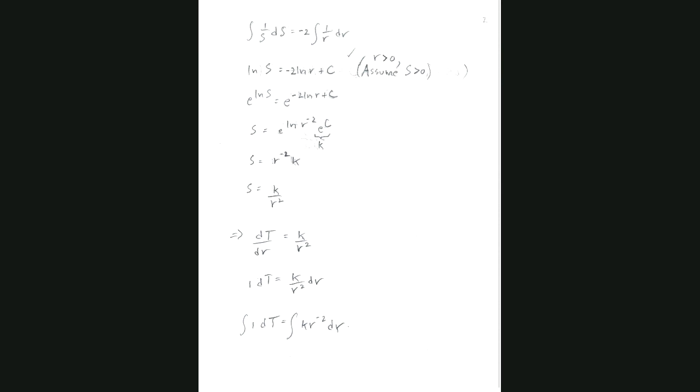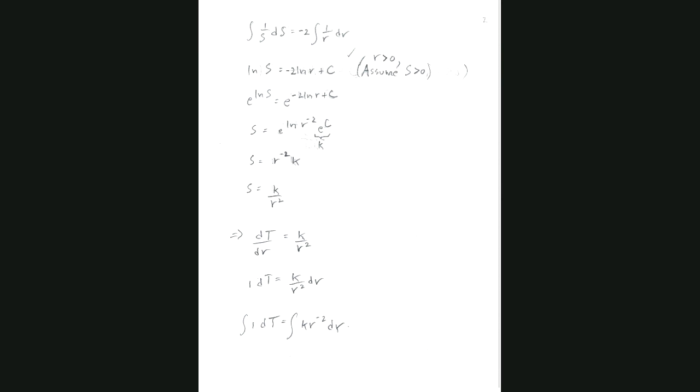Without going into too much detail, if you go back to the problem in WebAssign, it makes sense that temperature as a function of the radius should be increasing. Hence, s, which is the derivative of t with respect to r, should be positive. And we know the radius r is positive.